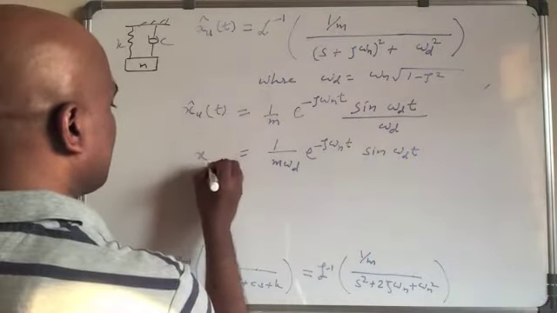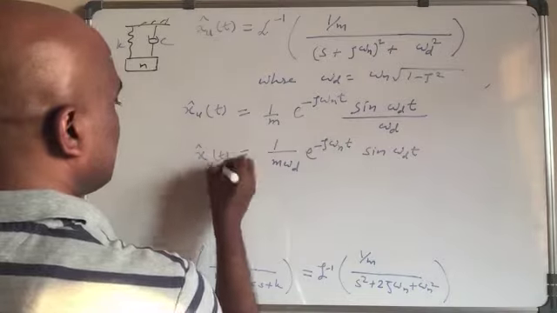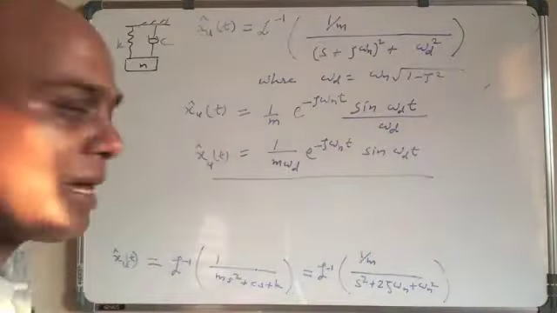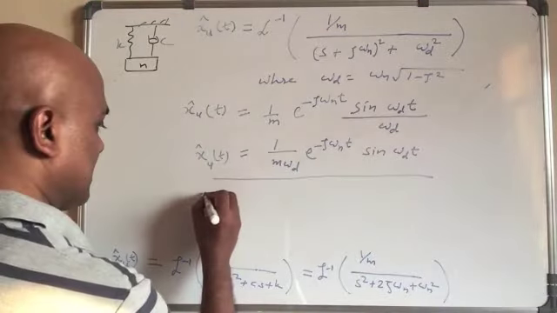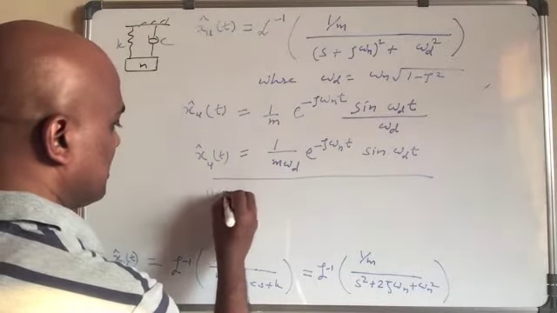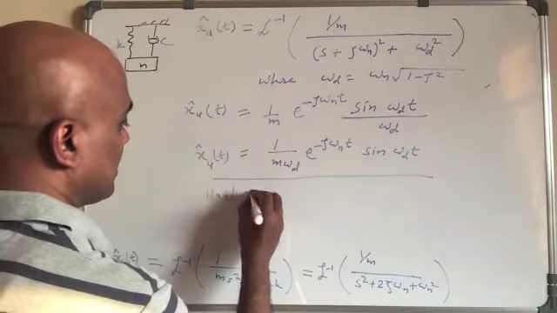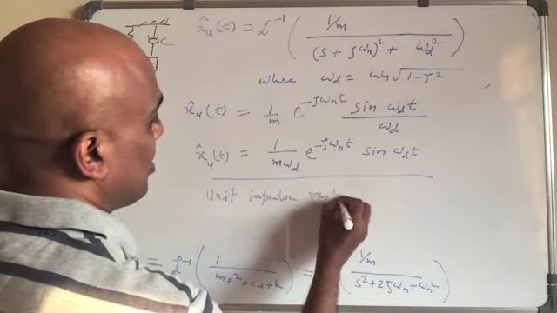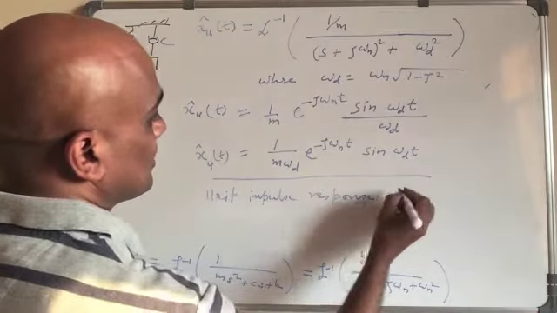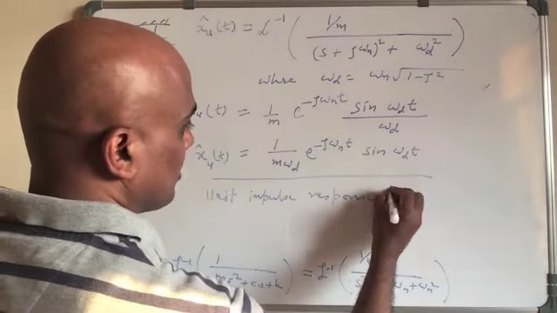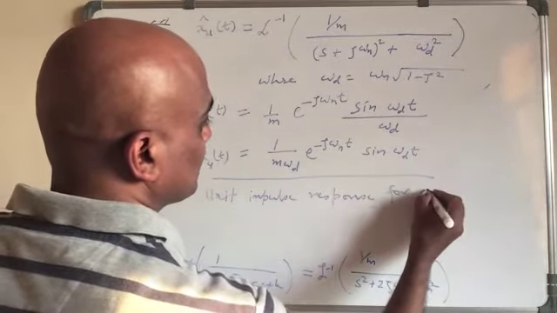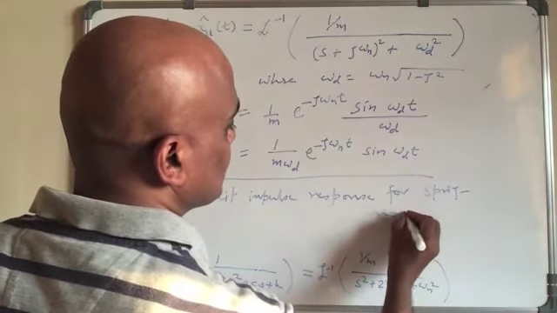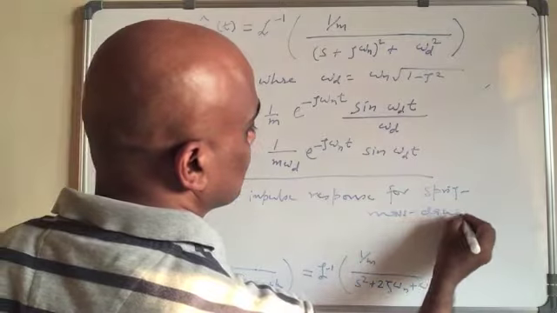So this is the unit impulse response for a spring mass damper system.